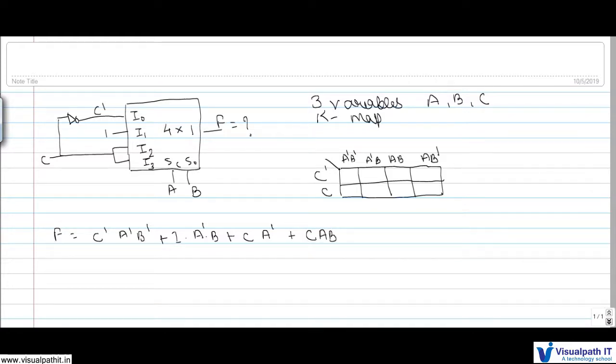So this will be the function for this K-map.